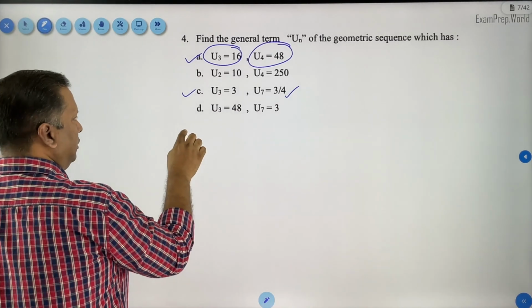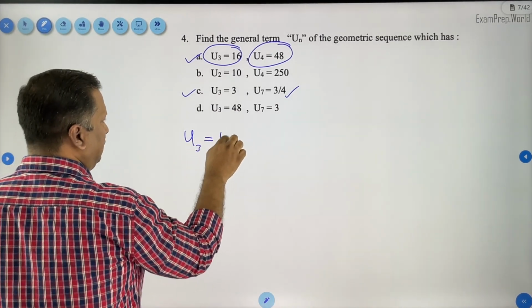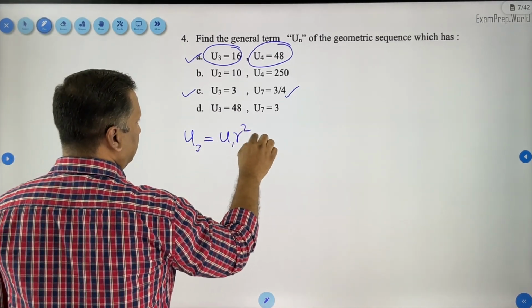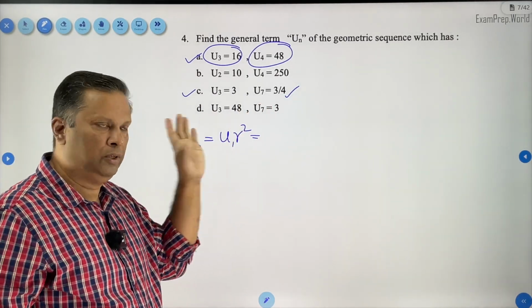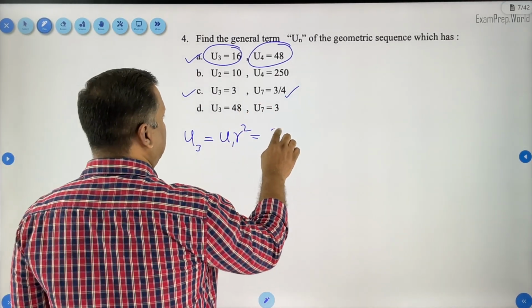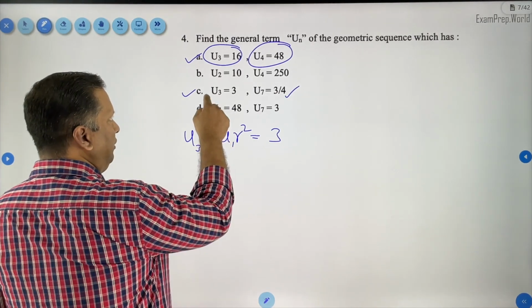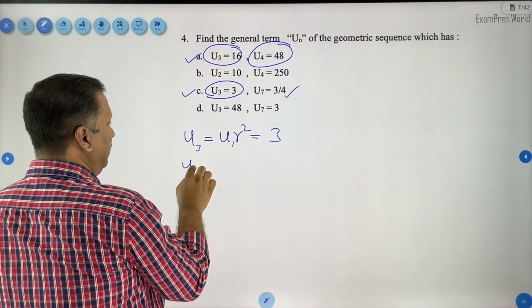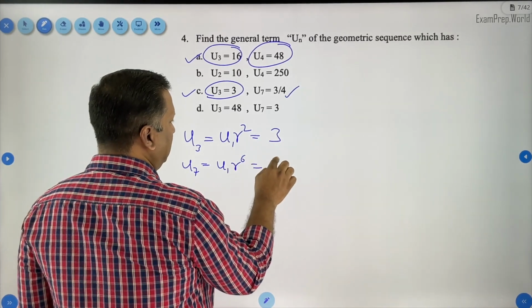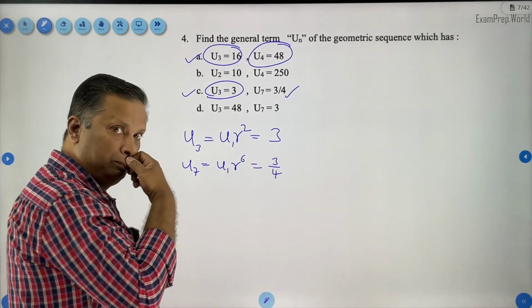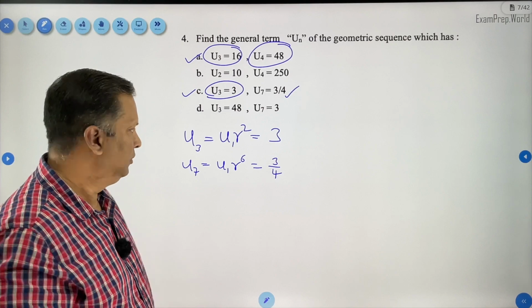U3 is 3. So this time I am going to write U3 as U1 R square straight away. I am not writing n minus 1 because 3 minus 1 is 2. We know U1 R square is 3, because U3 is given as 3. Then U7 is U1 R to power 6, which is 3 upon 4. Clear?